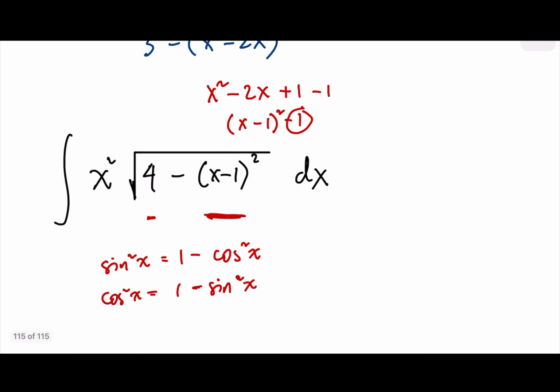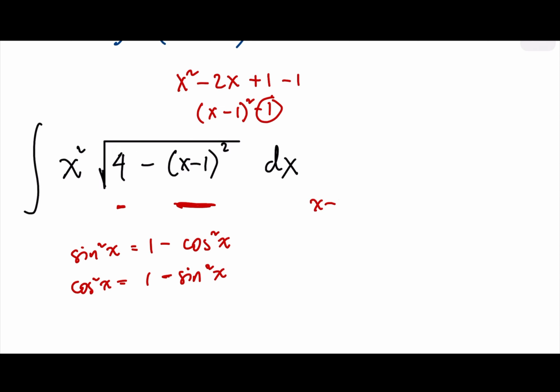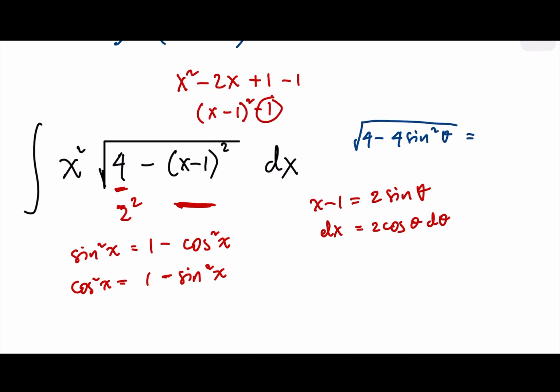Let's say we are choosing x minus 1 to become sine, so 2 sine theta, because of the 4. It's this 2 squared, right? So we have dx is 2 cos theta d theta, and we can exchange the whole thing. So square root of 4 minus 4 sine squared theta will result in 4 cosine squared, or 2 cosine theta.